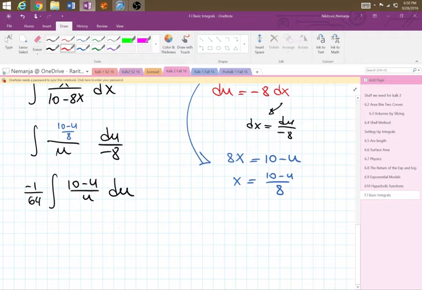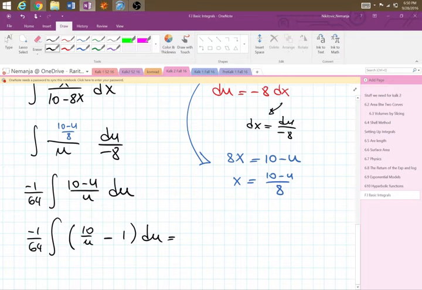What now? Very good. Separate into two fractions. So I have to use parentheses now. So it's 10 over u minus u over u, which is 1, du.